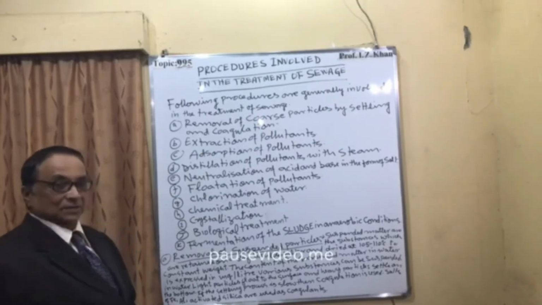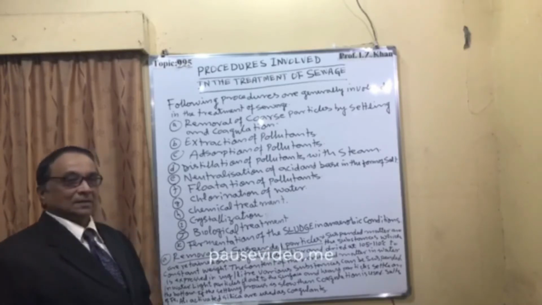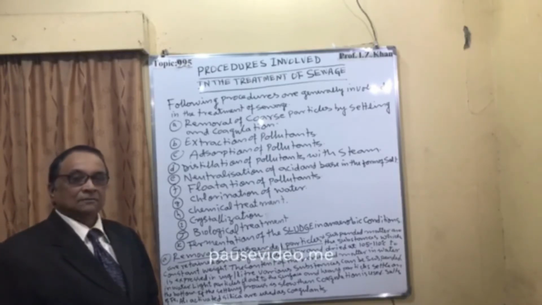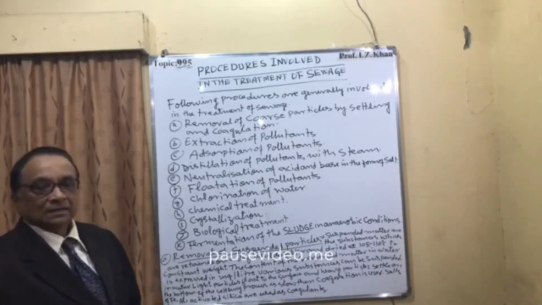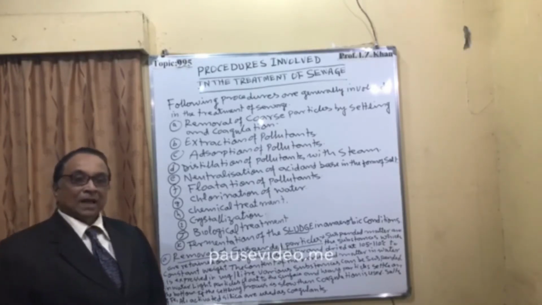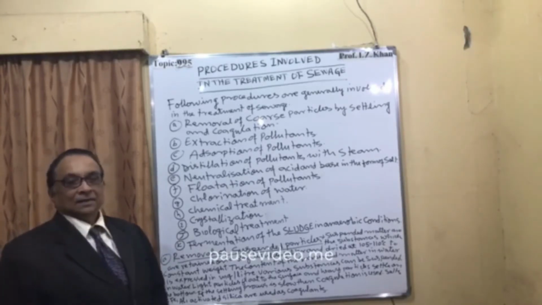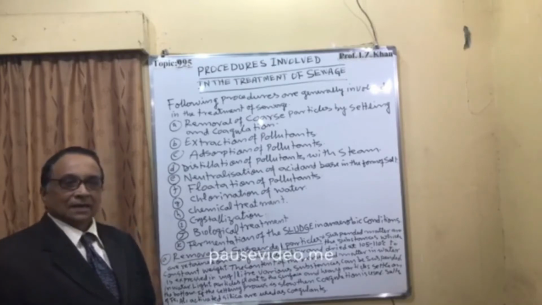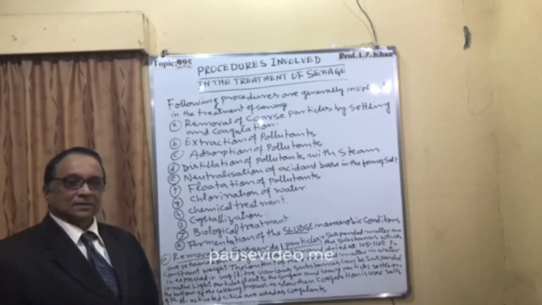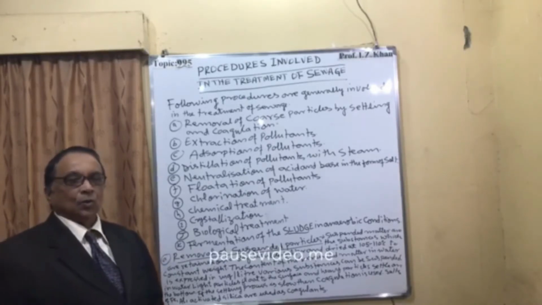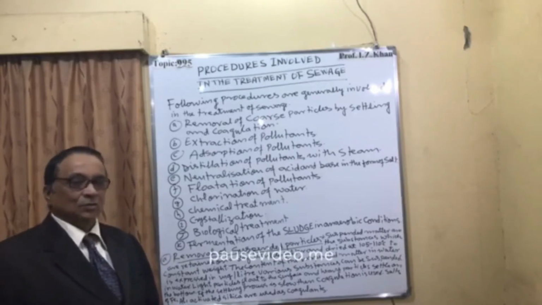This is the first one, where first the sewage is put to settle down, and the light and heavy substances are separated, and the suspended particles are coagulated with the help of coagulating agents, and mostly they are iron, aluminum salts, and also some other substances which are widely used.